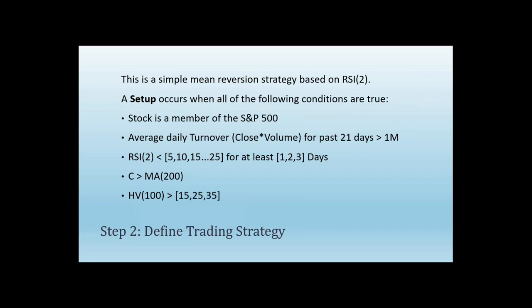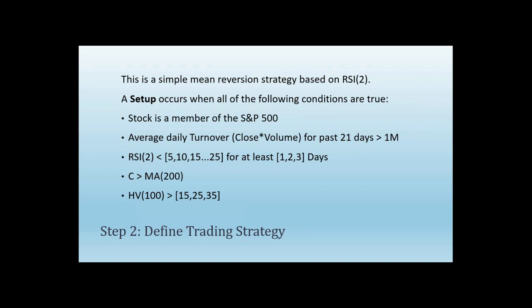So 100-day historical volatility has to be greater than 15, 25, or 35. So basically what we're looking for here are stocks that are essentially in an uptrend. They're above their 200-day moving average. They're reasonably volatile, and they've had some sort of a little pullback as evidenced by the RSI2. And they have to be a member of the S&P 500. So that's our simple setup.